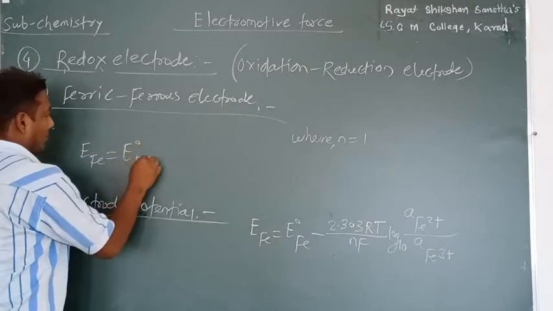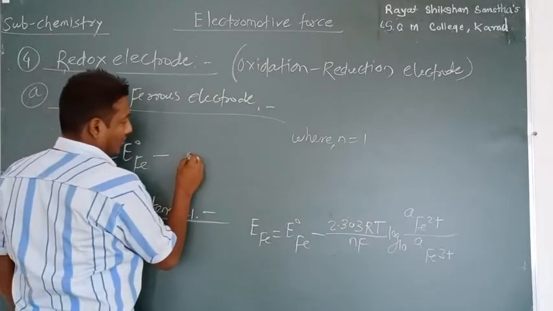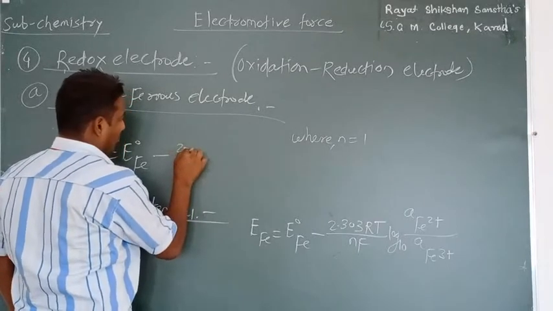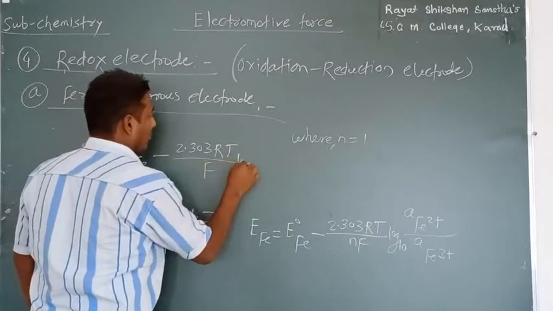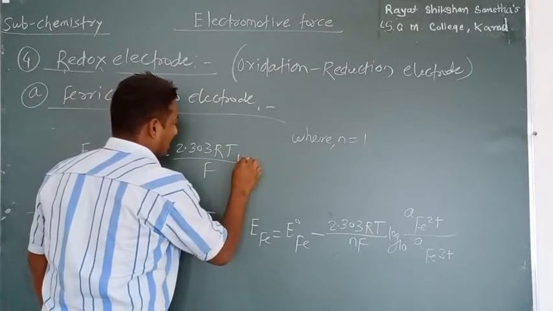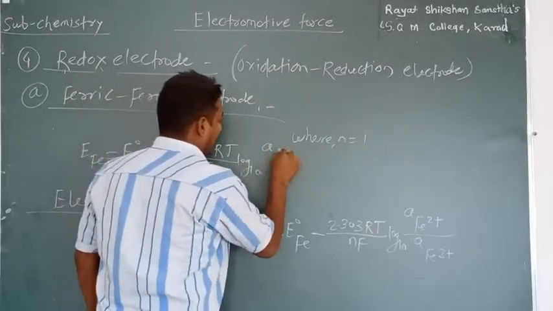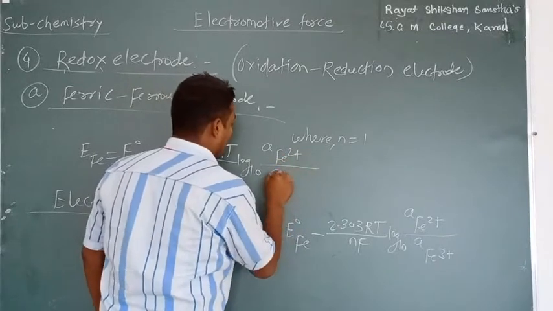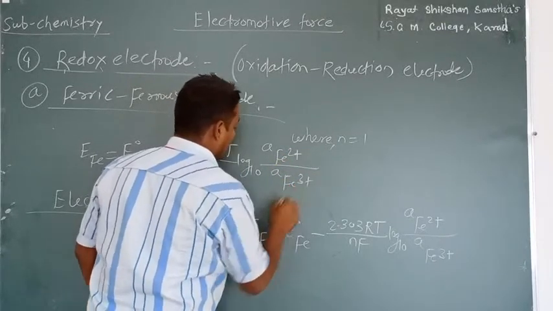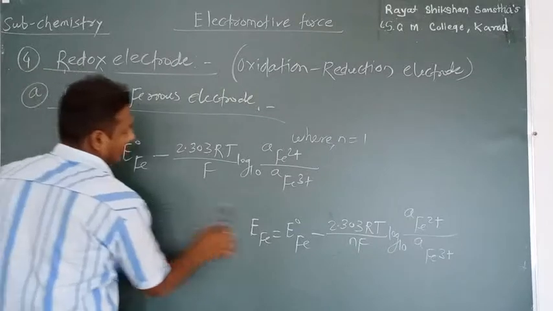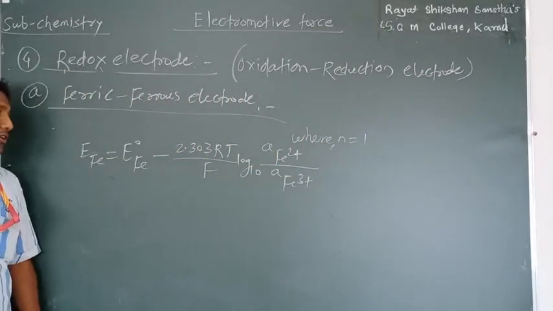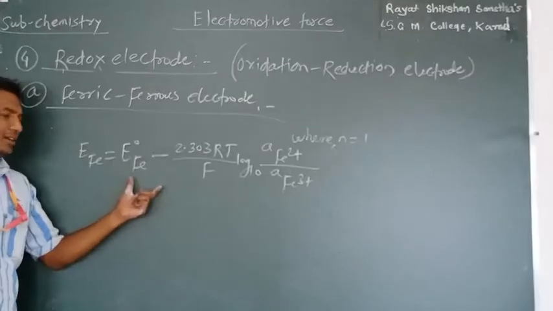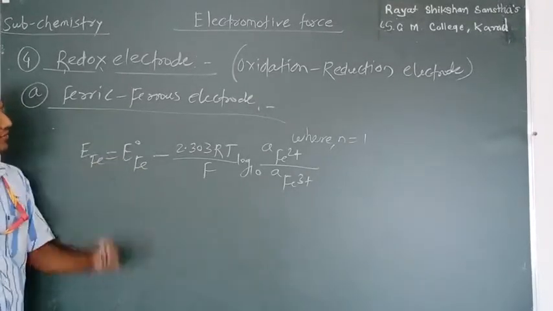Then we can write 2.303 RT by F log to the base 10 activity of Fe2+ divided by activity of Fe3+. This will be our next equation. This is also the equation used for the ferric ferrous electrode.